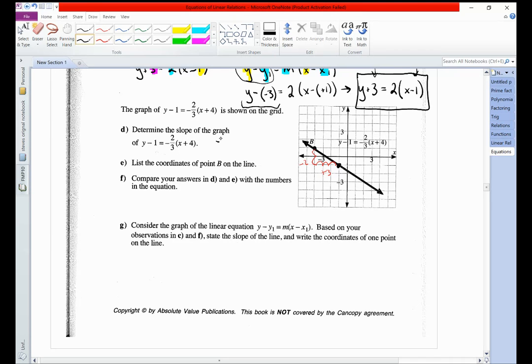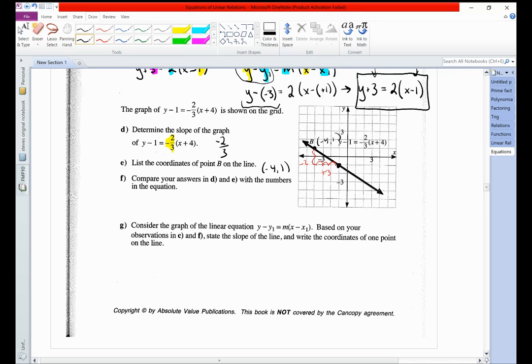So our slope is negative 2 over 3. Surprise, surprise, because look at that. Then list the coordinates of point B. It looks like point B is at negative 4, 1. Compare your answers in D and E with the numbers in the equation.